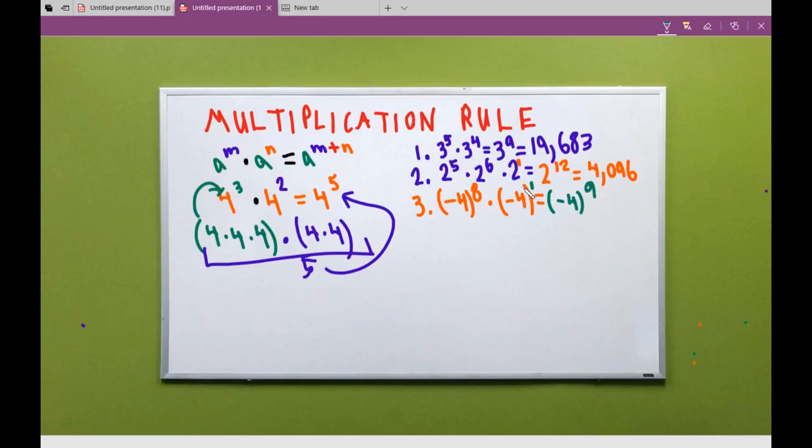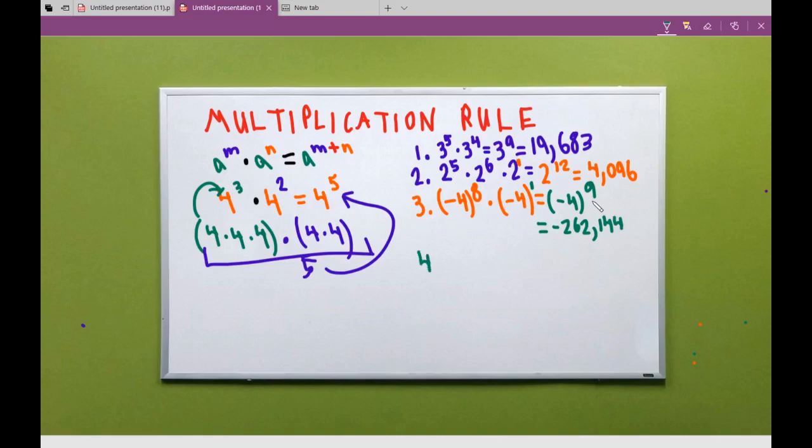And if you ever have a negative number inside parentheses raised to an odd power, like 9 or 11, our answer is going to be negative. And if you use your calculator, you'll see that the answer is negative 262,144.